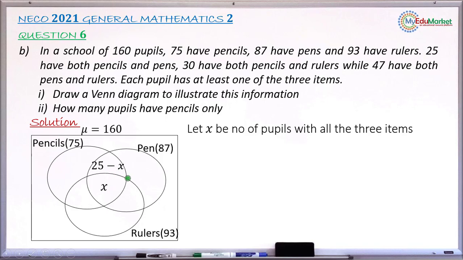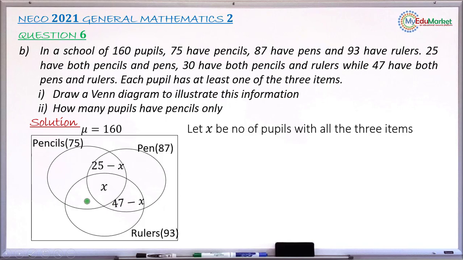If I continue, I can find the expression for the number of pupils that have pens and rulers only. In the question, it says 47 have both pens and rulers. So to find those that have pens and rulers only, I remove this X, the number that represents those with three items. So 47 minus X is the expression for those having pens and rulers alone.